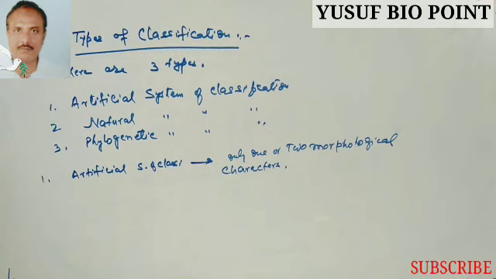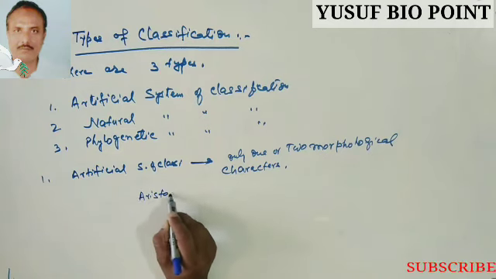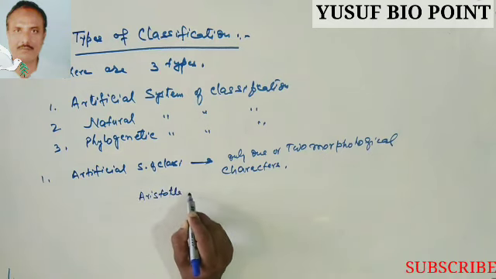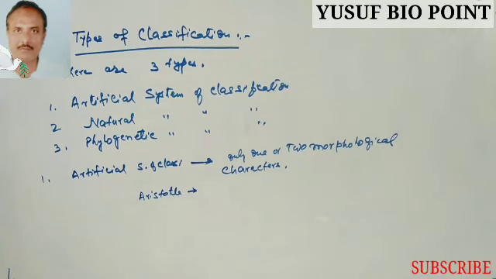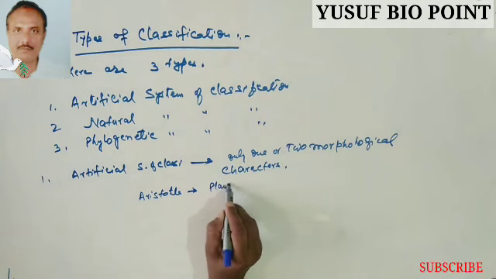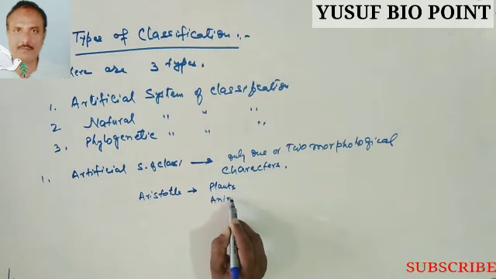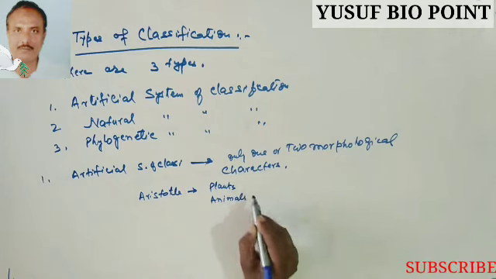The first scientist who comes under this system is Aristotle. He divided the living into plants and animals.